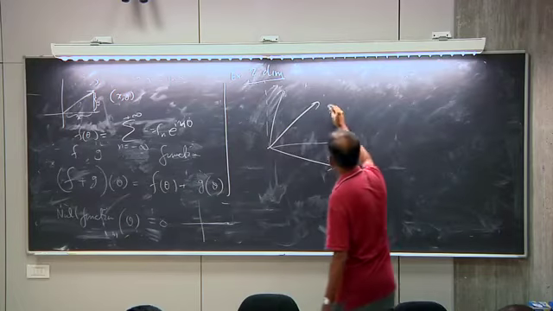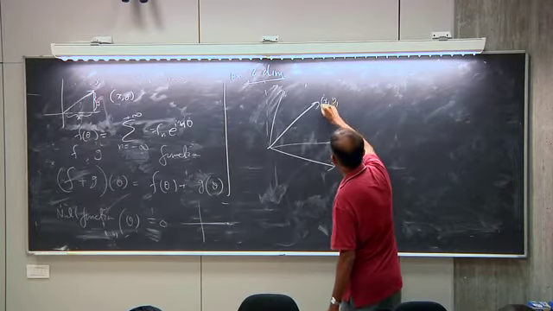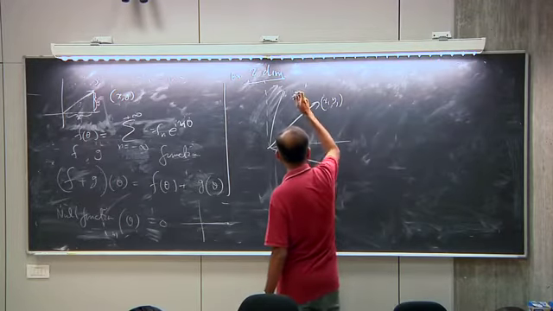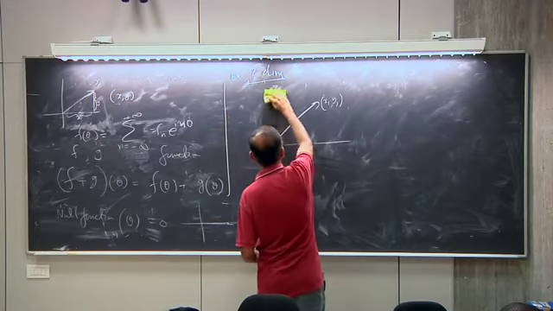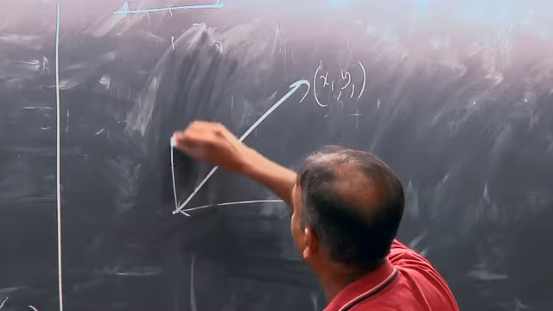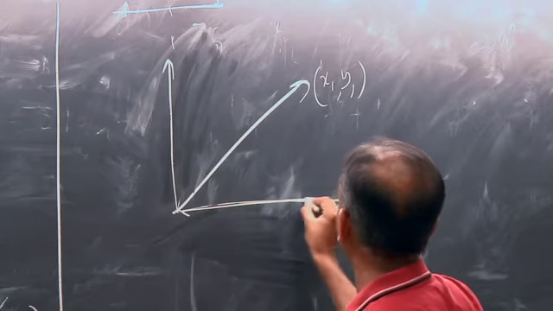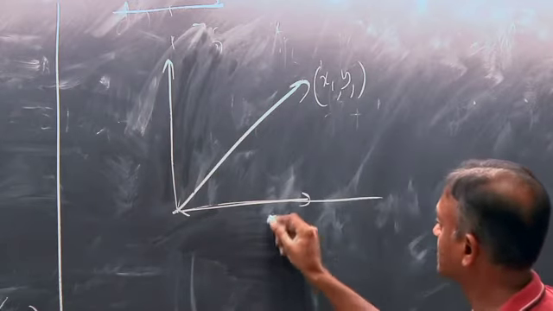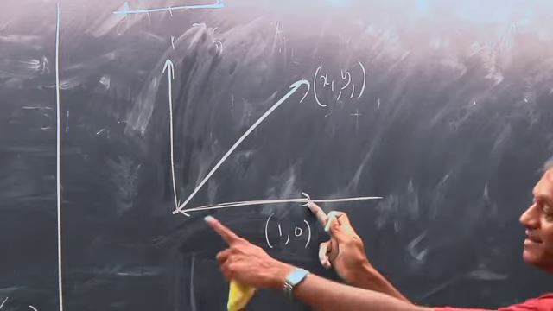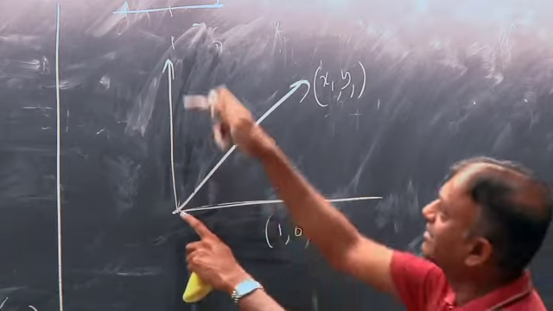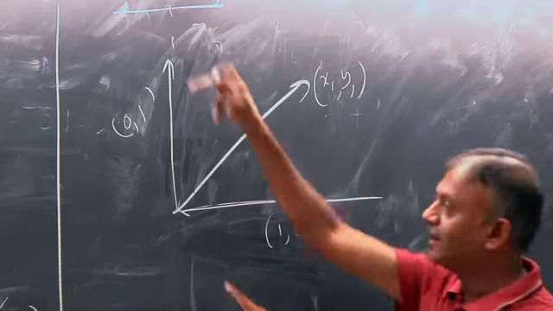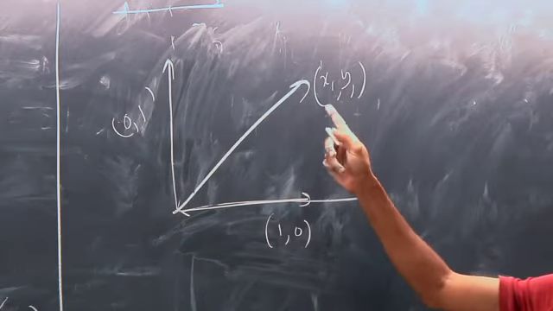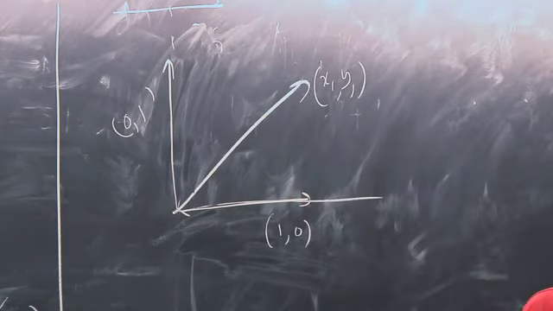Let me simplify this a bit. I take 3 vectors in this way. This vector is 1, 0. Its length is 1 along the x-axis. This vector is 0, 1 along the y-axis. And this vector is some arbitrary vector with the components x1 and y1.